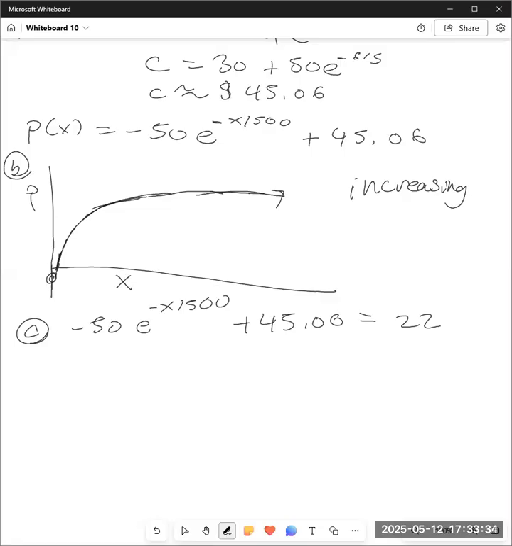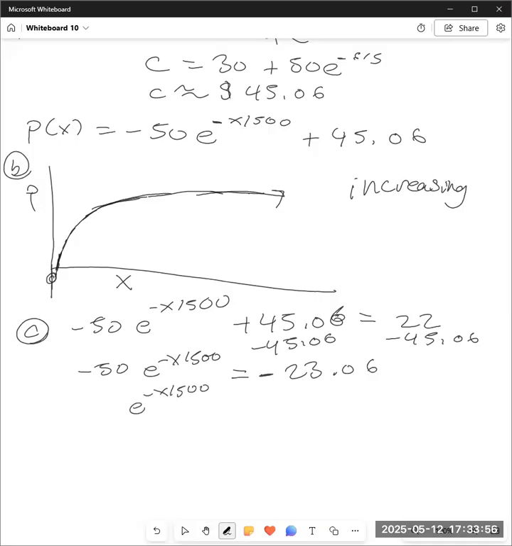So when I subtract 45.06 from both sides, I get -50 e to the negative x over 500 is equal to a negative 23.06. And then I divide, I get 0.4612.